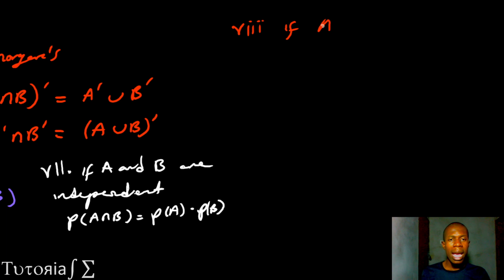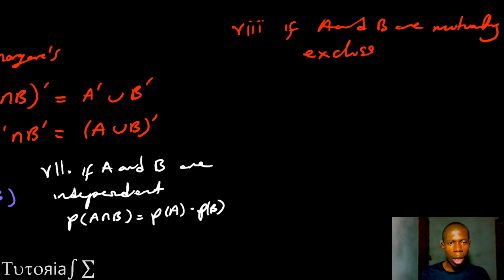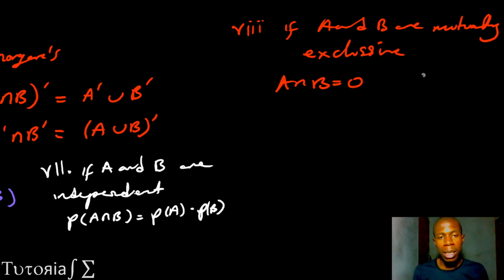If A and B are mutually exclusive, then A intersection B is equal to 0. If two events cannot happen at the same time, they will have nothing in common. So that is for mutually exclusive events.